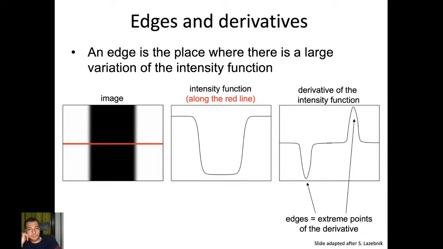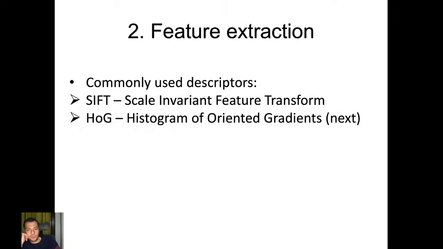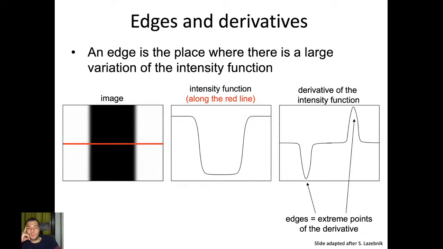So we're going to discuss a bit about extracting HOG. We don't have enough time to present both of them, but we're trying to present one of them. So in order to extract a histogram of oriented gradients, we first briefly introduce gradients in images.